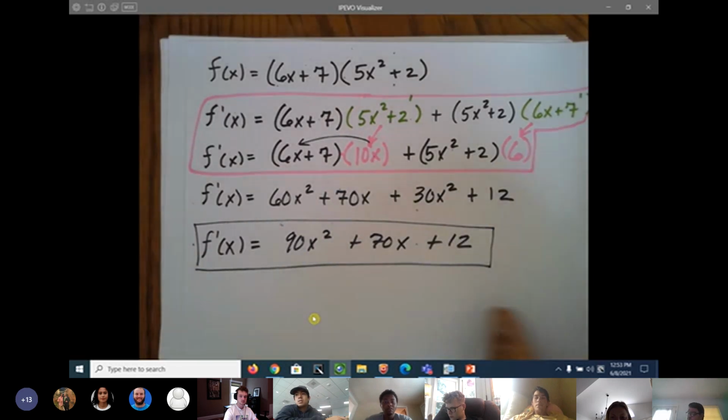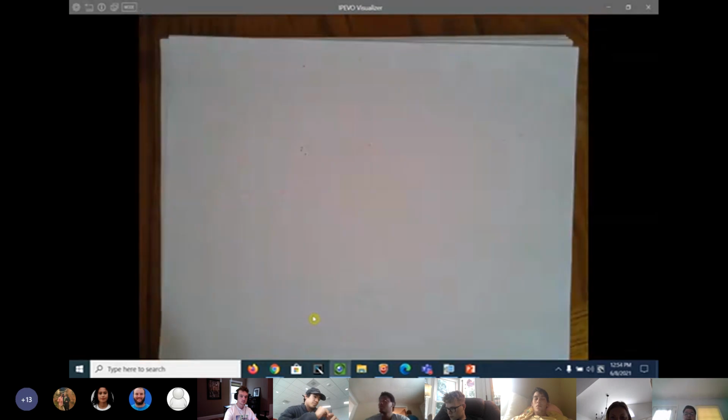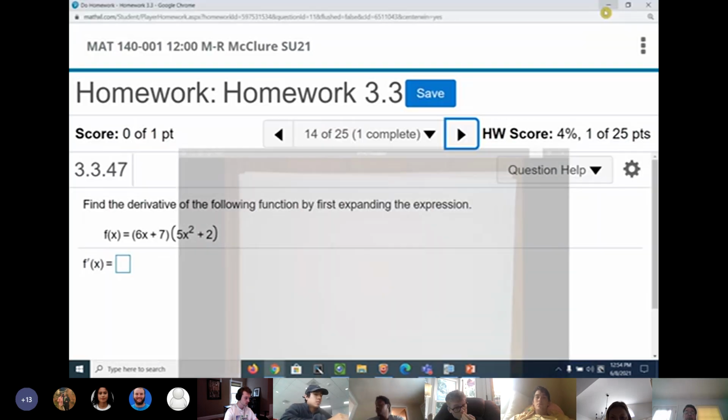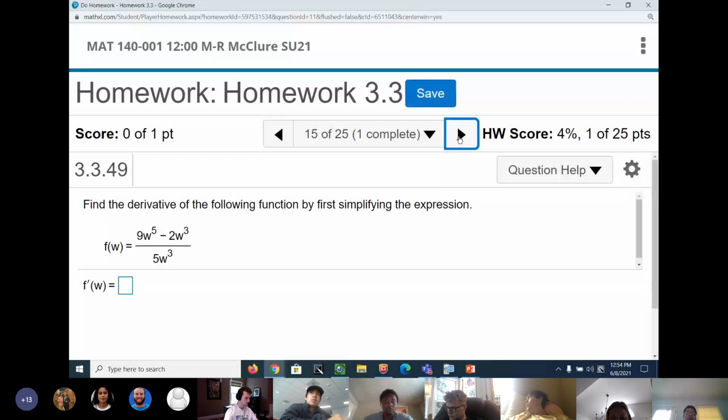All right, so let's do a nerd. I'm going to do one more quotient rule before I get to the, and I got to hurry. I want to get to the chain rule. Let me see if I can find a quotient rule right quick. There's one. Now, you can do this one by algebra first, then do the quotient rule or calculus, or you can do the quotient rule and then do algebra.